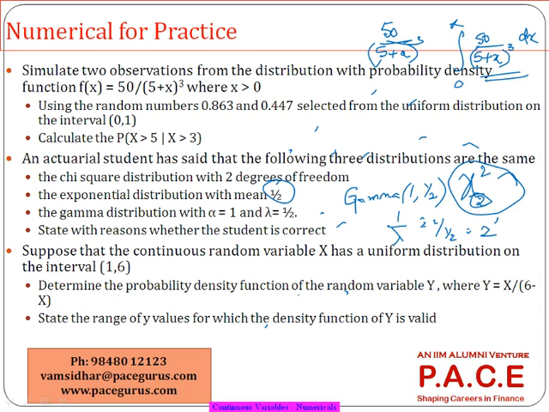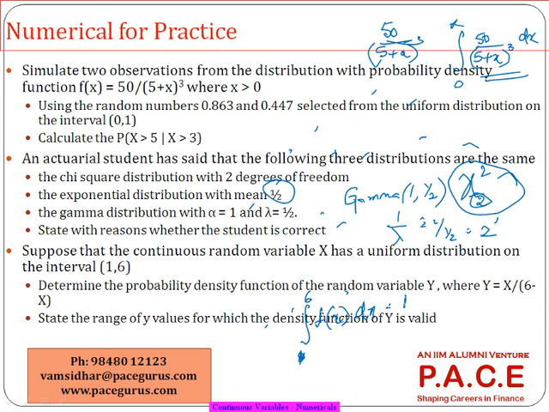It is as good as saying the integral from 1 to 6 of f of x dx is equal to 1. If I integrate that continuous distribution between 1 and 6, I will get 1 itself.